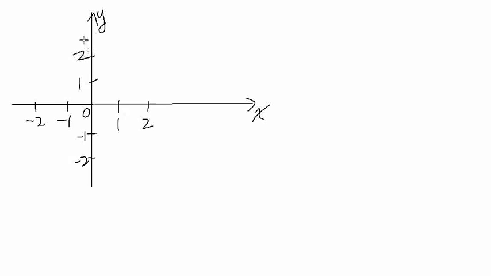All right, and let's make our line, let's make it that one. So let's find the slope of that line. As I said, it doesn't matter what points you pick on the line. I will pick the intercepts, although you don't have to. And so the intercepts are 0, 2 and 1, 0.